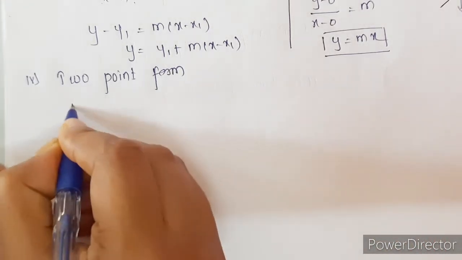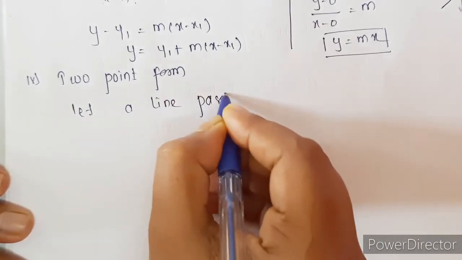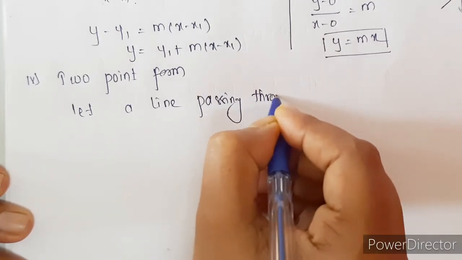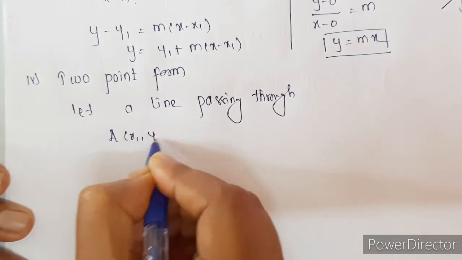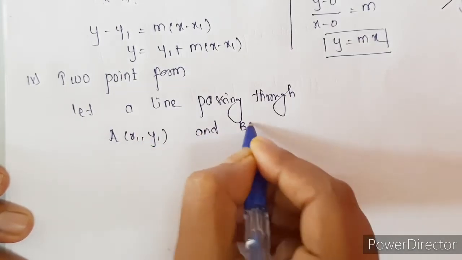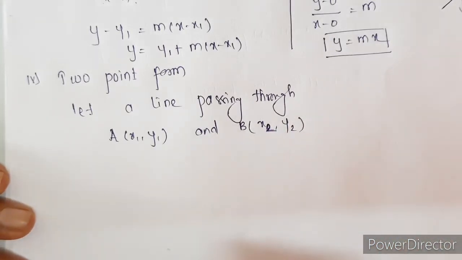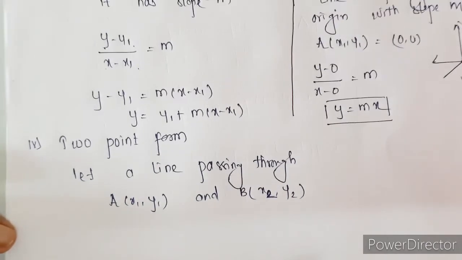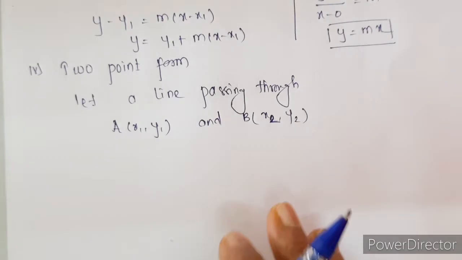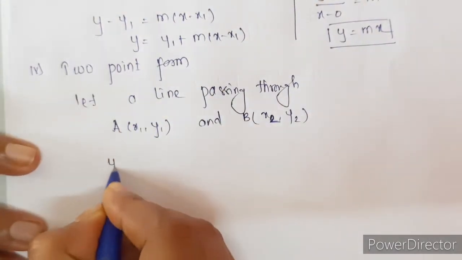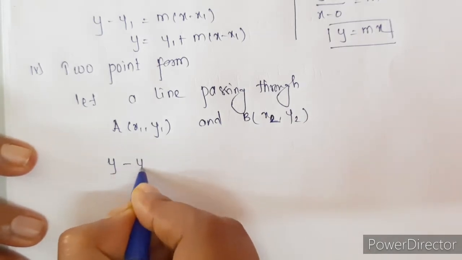Now assume that a line is passing through points A, that is x1 y1, and B, that is x2 y2. Since we don't know the slope, one thing we can do is find the slope and use the same equation, or another way is we can use the slope formula and find the equation of the line simultaneously.